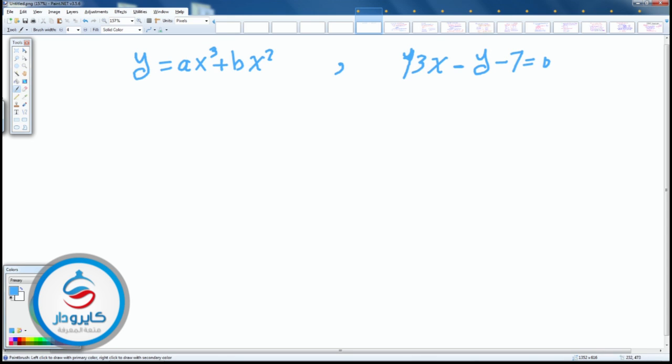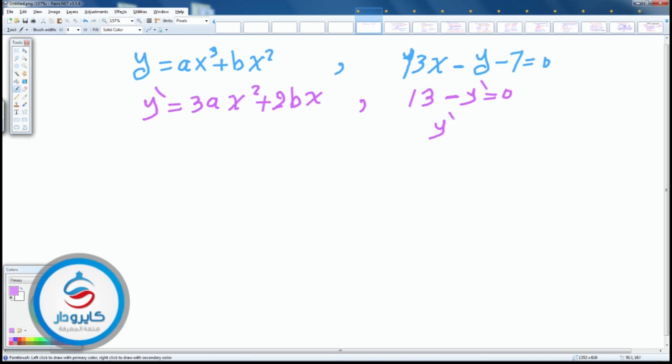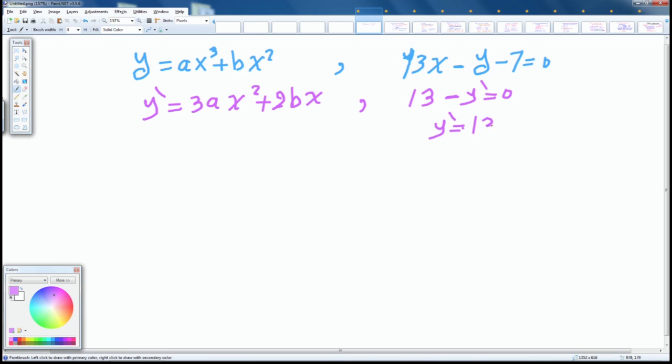Then we have to calculate the first derivative. y dash equals 3a x power of 2 plus 2b x. On the other side, 13 minus y dash equals 0. That means y dash equals 13.